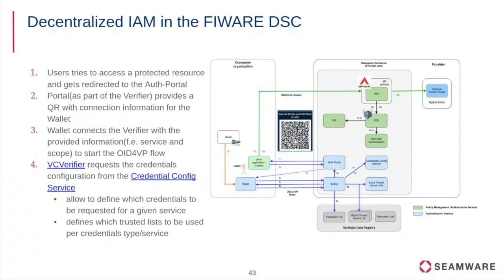The credentials config service is used to define which credentials need to be requested for a given service and scope, and it also defines on which trusted list those credentials need to be registered. So there might be credentials that are important to prove that we have a valid participant of the data space or that the user is an actual user, but there might also be credentials to be requested that prove that the user has, let's say, a legal entity in the European Union or stuff like this. So you can define which trusted list needs to be looked up.